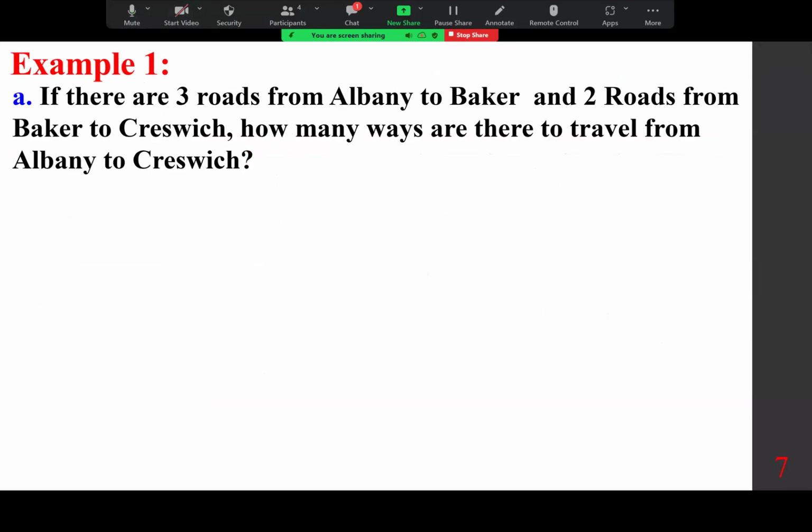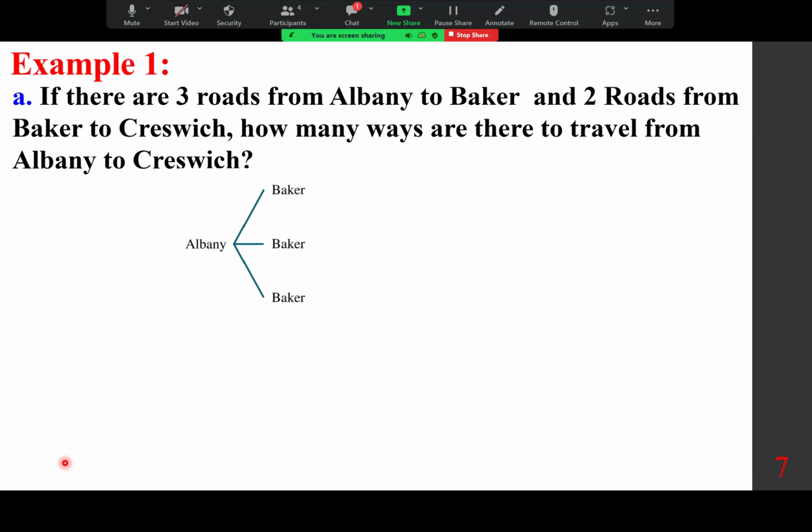Here's the first example. If there are 3 roads from Albany to Baker and 2 roads from Baker to Creswich, how many ways are there to travel from Albany to Creswich?